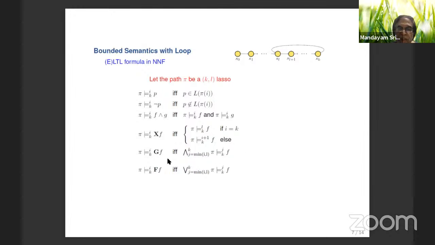The repetition is relevant for G of F. Then that's why you can conclusively define it. So G can be defined as long as it is true all the way from i to k.